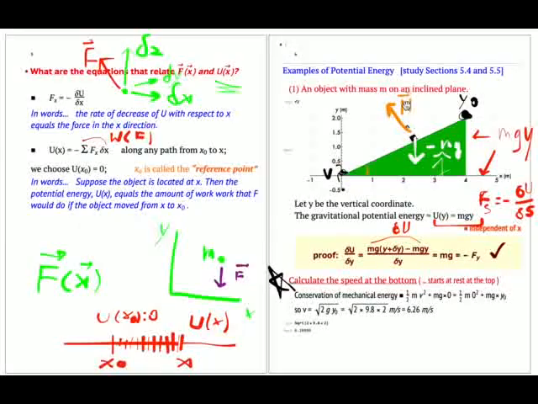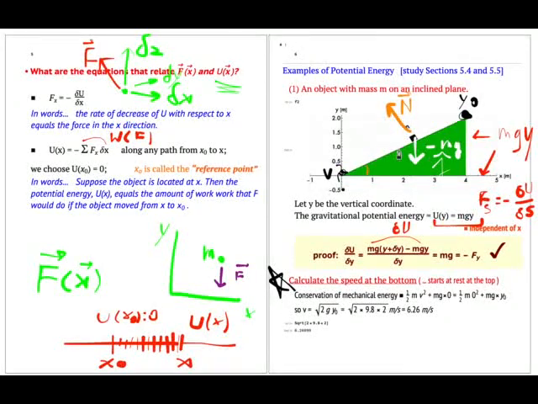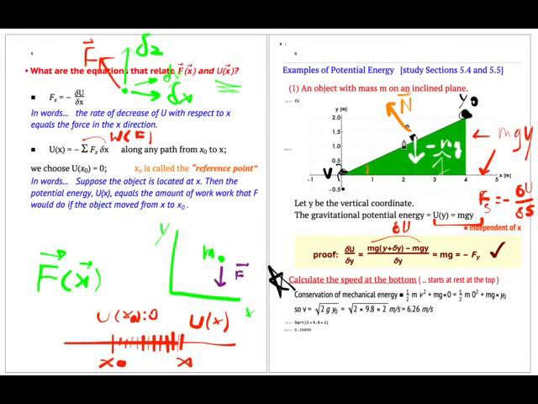N times the cosine of the angle would be equal to mg. So I could figure out the acceleration, and then I could use Newton's second law, analyzing forces and accelerations, to figure out how much the velocity increased. The acceleration would be g times the tangent of the angle.